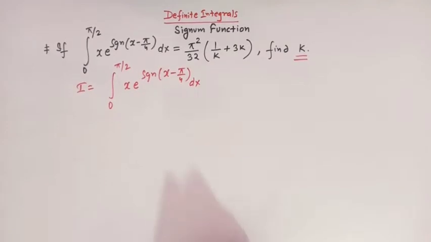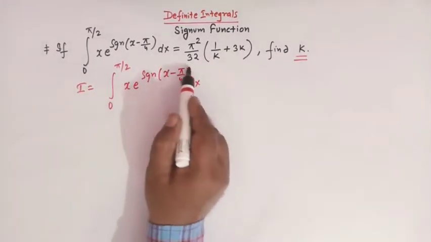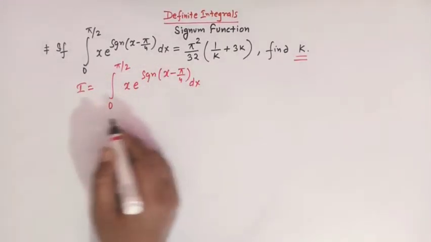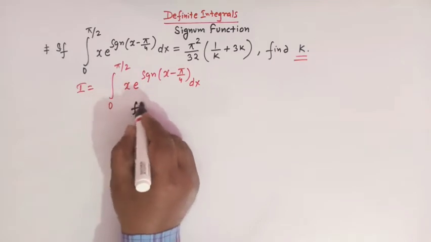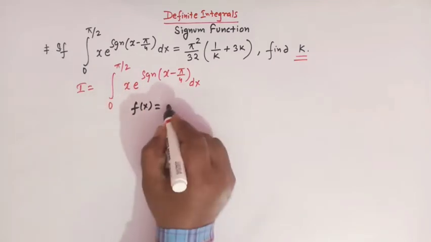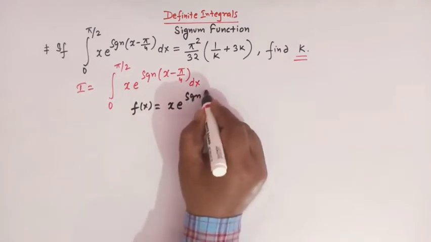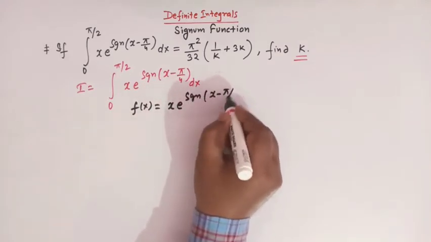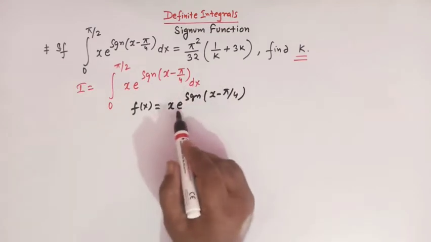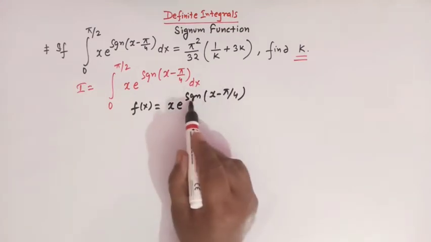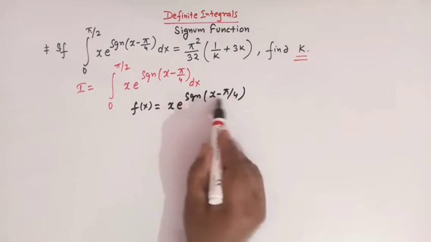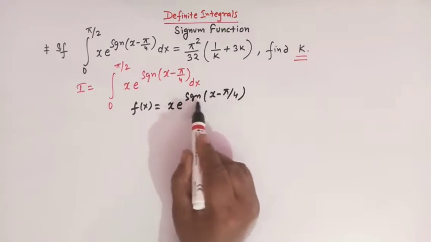So now let us first look at this integrand. So our integrand is f of x, and we have x e raised to Signum of x minus pi by 4, right? And now here e is the exponential number, and let us concentrate on this Signum function, right?